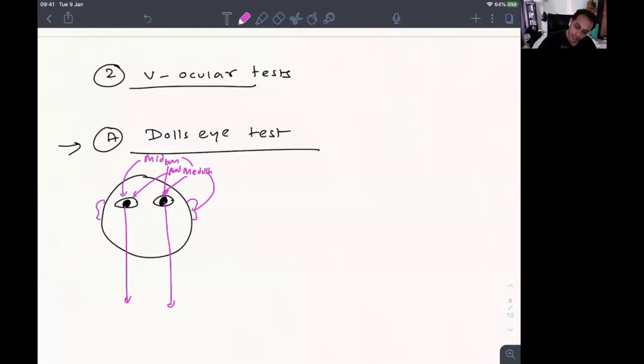But supposing there is cortical damage. So supposing there is a large infarct or there are multiple infarcts, or there is some reason for unconsciousness and there is cortical damage, you want to know whether your brainstem is spared or not, you do the doll's eye test.